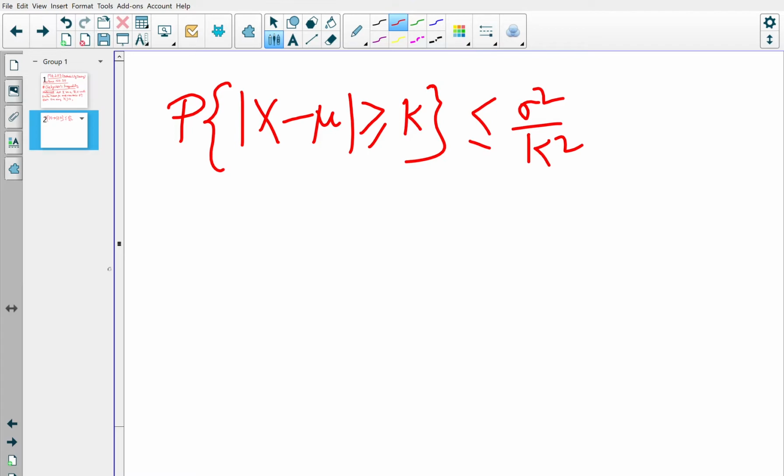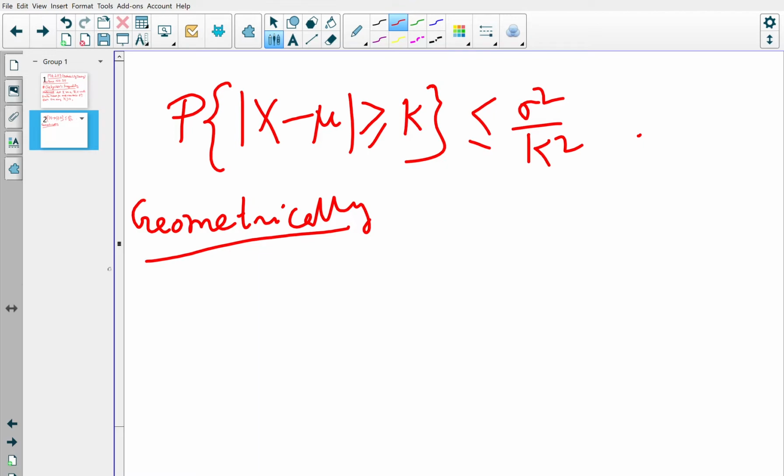So let us try to understand geometrically what this means. This is a statement, but geometrically what does that mean? So suppose, I'm describing this for a continuous random variable, but a similar thing is true for discrete.